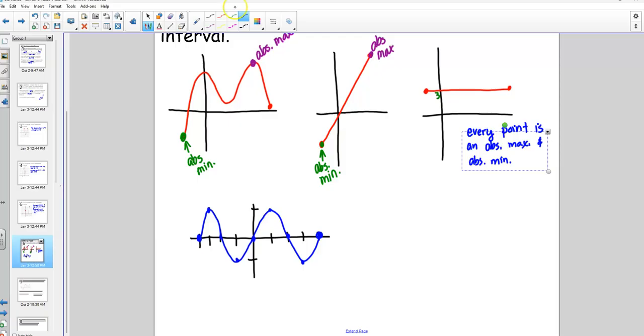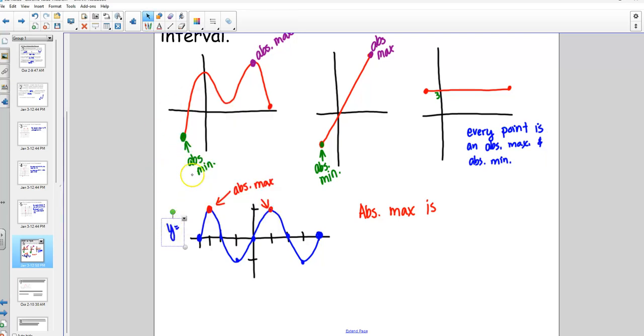This function has 2 places that are both going to be absolute maximums, but it only has one absolute maximum value. The absolute maximum is a y coordinate. What's the y coordinate if this is y equals sine x? What's the highest that goes? 1.